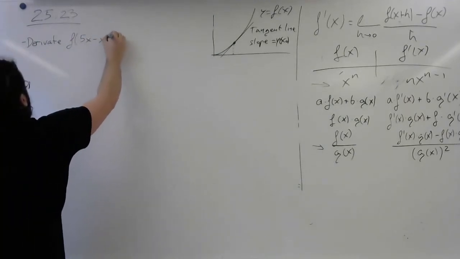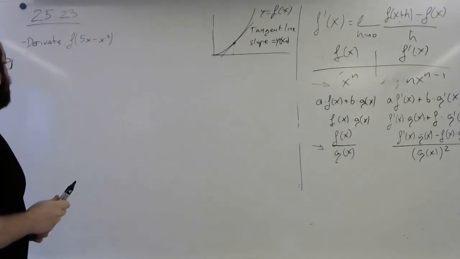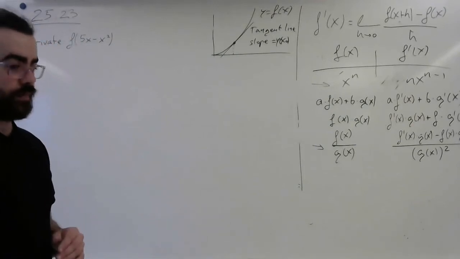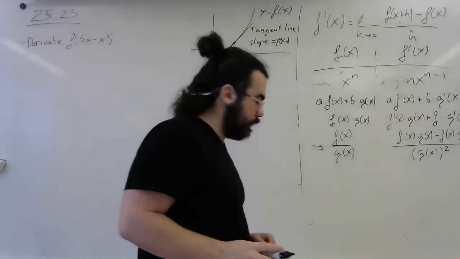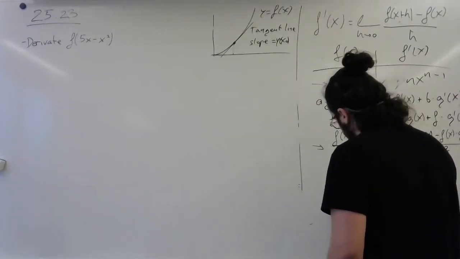With this exercise, I want to introduce you to the most important rule of differentiation, and that's the chain rule. The chain rule says that we have a composed function like this.